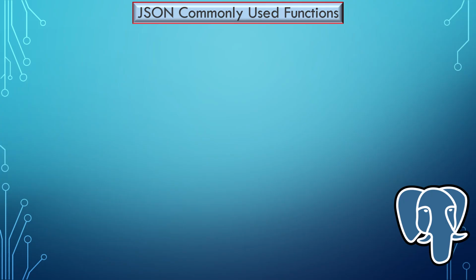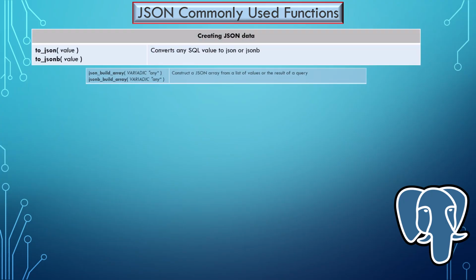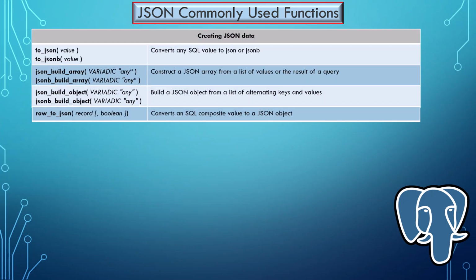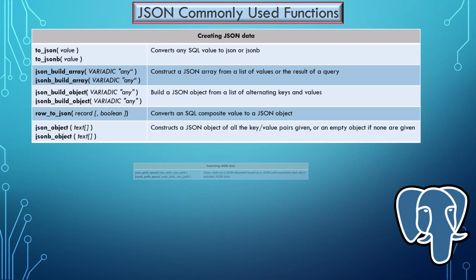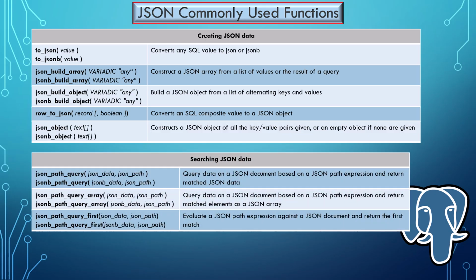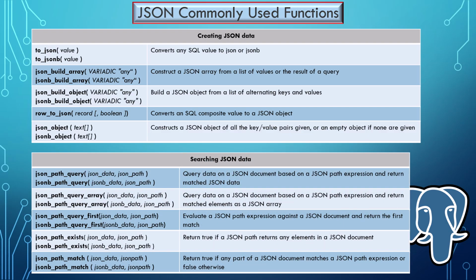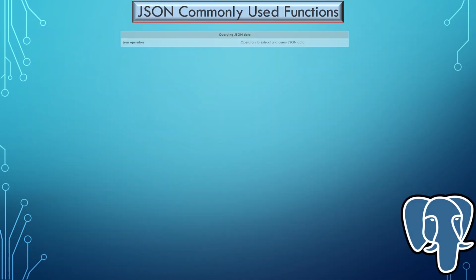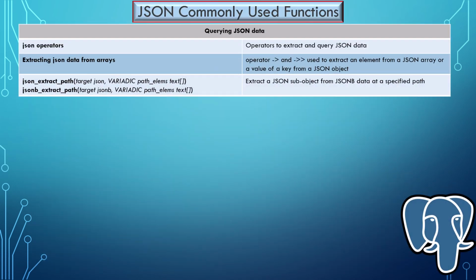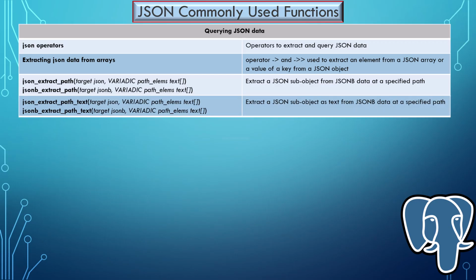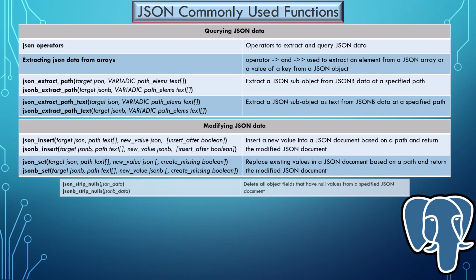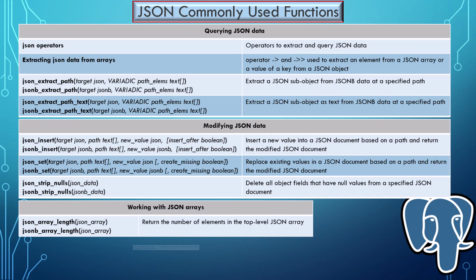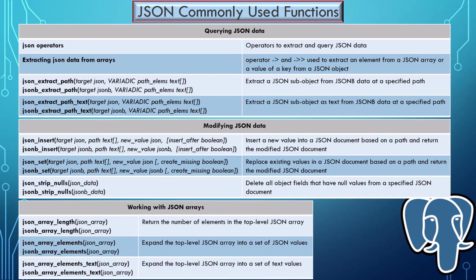The following are commonly used functions for creating JSON data and for searching JSON data. The following are commonly used functions for querying JSON data, modifying JSON data, and working with JSON arrays.